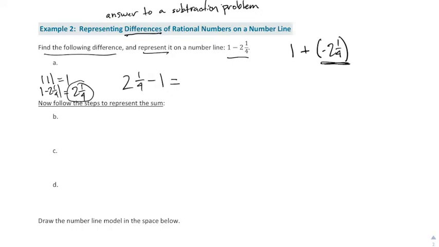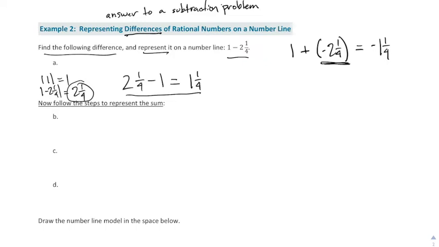So 2 1/4 minus 1, I can take 1 away from 2, and I know that's 1, and I'm still left with the quarter. So the answer to this is negative 1 1/4.